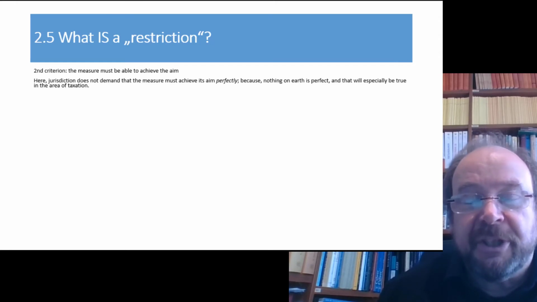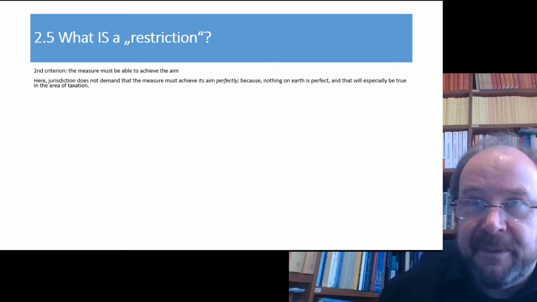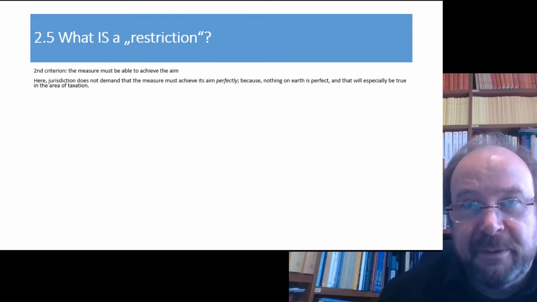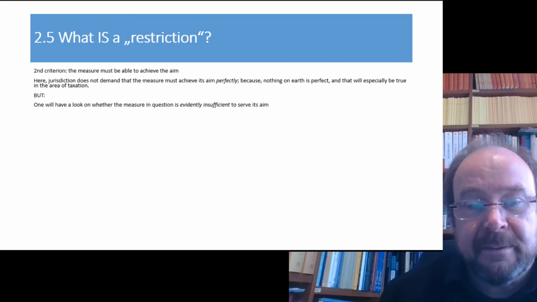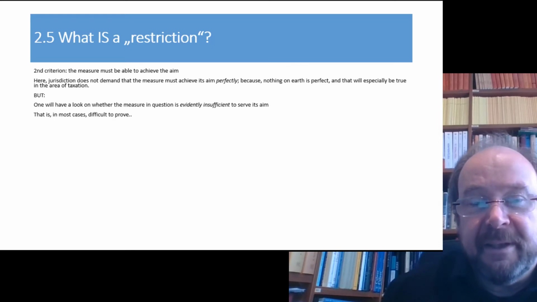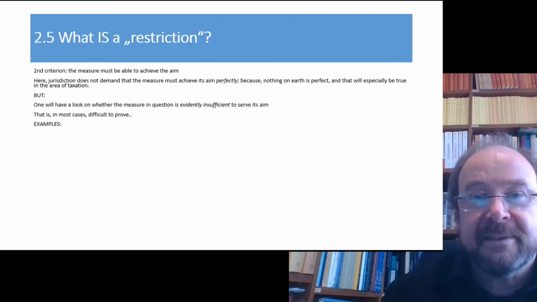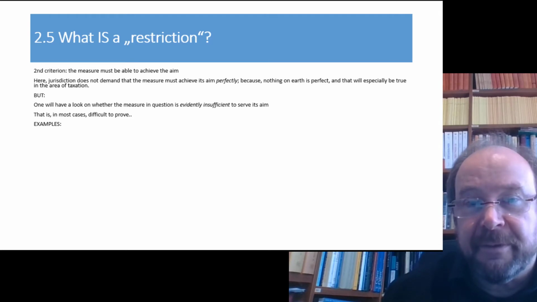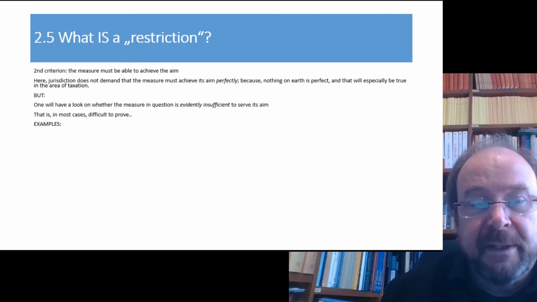A measure which doesn't reach its aim doesn't need to be tolerated. A nonsense rule doesn't need protection against a fundamental freedom, also a basic right. So if it's evidently insufficient somewhere, then you can say this measure doesn't deserve to be upheld, at least in a conflict with a higher rule.